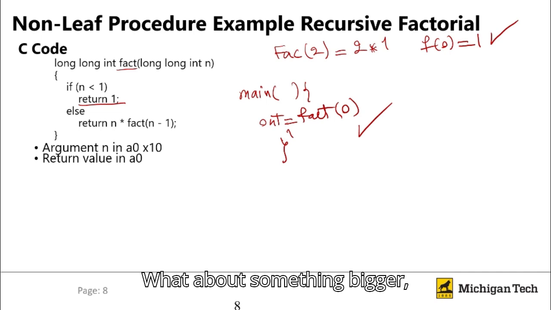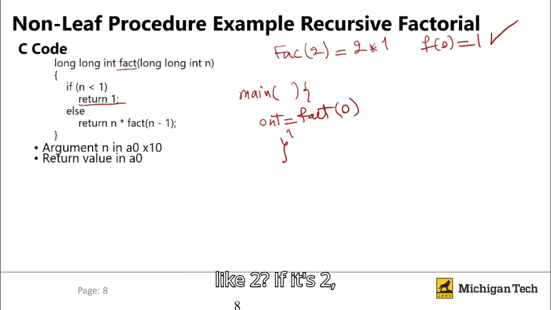What about something bigger, like 2? If it's 2, we are jumping here, so n is 2.